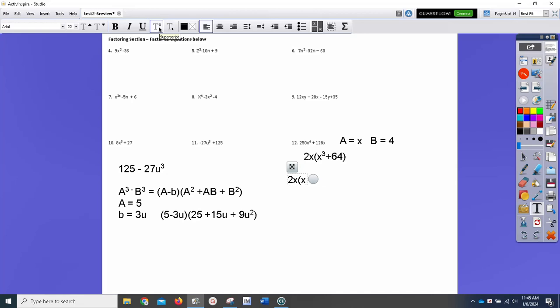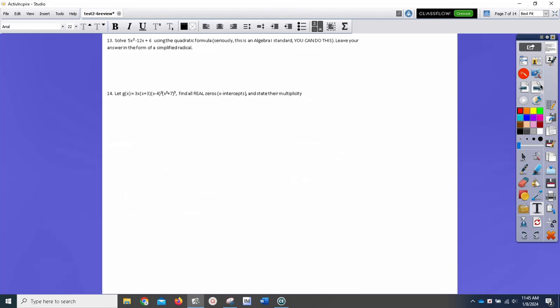X plus 4. Now I've got to square it. If I take an x and I square it, I'll have x squared. There should be a minus symbol here for the sum of 2 cubes. A times b, x times 4, 4x, plus b squared, 16. And there's the factoring section, kids. Hope you understood it.